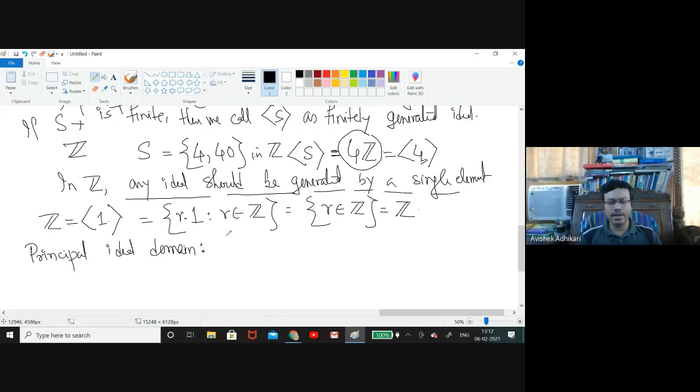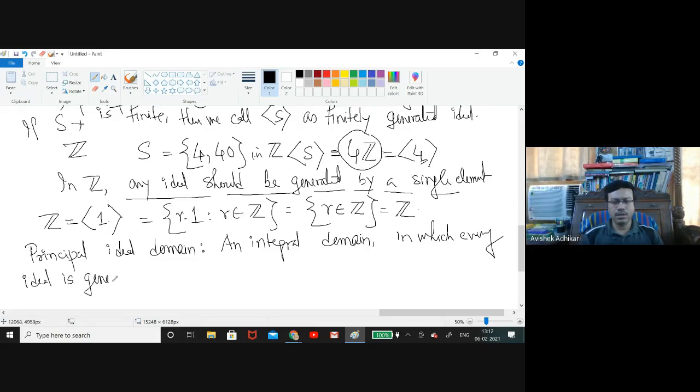So an integral domain in which every ideal is generated by a single element of the ring.